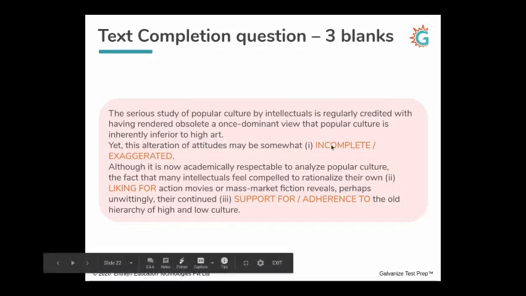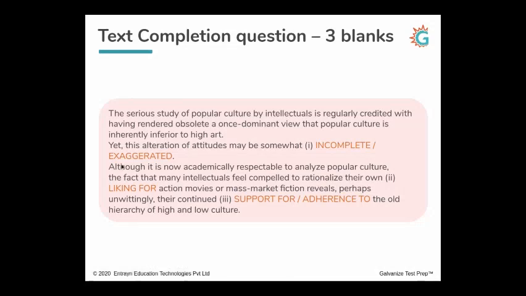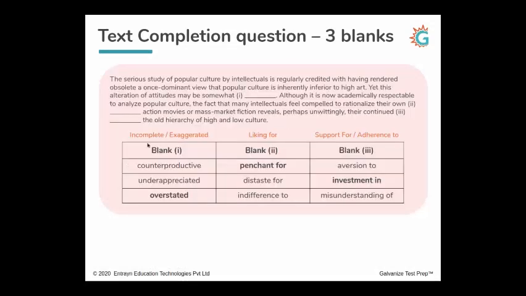You have to compare these options, these words, with the options provided. Okay, let's do that now. You need incomplete or exaggerated for this blank. Now counterproductive is not incomplete, it is basically doing the opposite, but that is not incomplete or exaggerated. So counterproductive is not the answer.